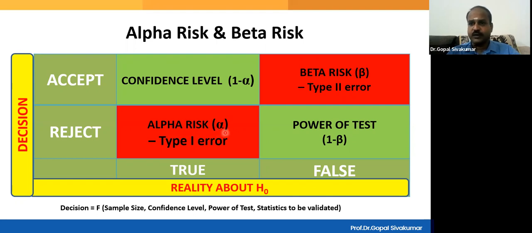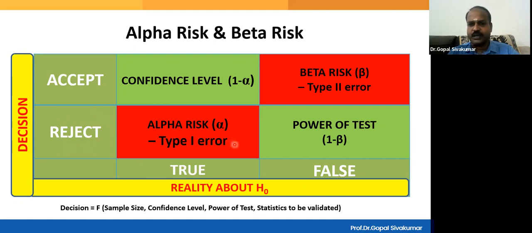You should first fix the level of significance, which is here fixed as 5%. If the level of significance is fixed as 5%, it simply means your expected confidence level is 95%, because you mentioned that your level of significance is 5%. So that means when the null hypothesis is true, and still you reject it, you are now committing a type 1 error.